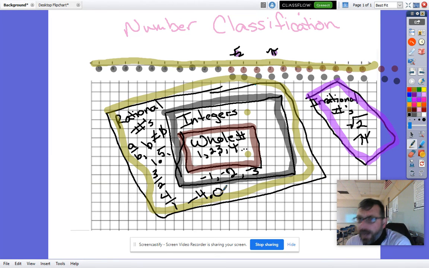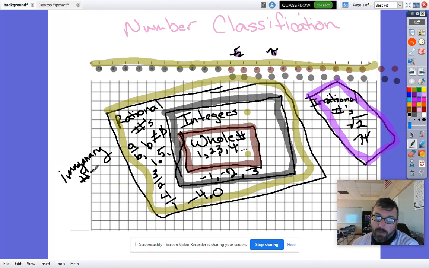We're in the 7th grade. That's it. We have other number classifications that we can get into, like somewhere out here, you will find imaginary numbers. But we're not worried about that. For the 7th grade, all you need to worry and focus on is this box right here.